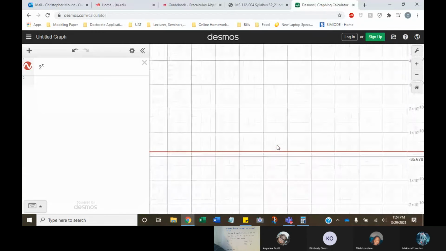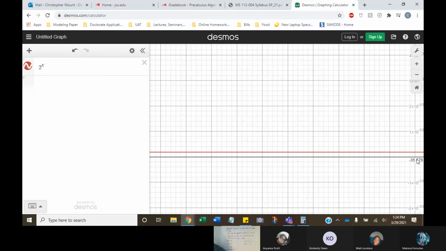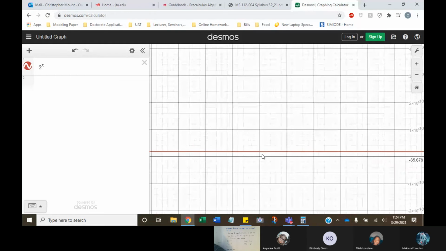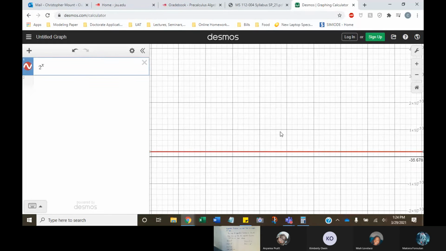Oh, there we go. Look at the scale that I had to zoom down to. I'm down to 10 to the negative 10, all the way out to the 10th decimal place, to be able to see that it is in fact still above the x-axis.